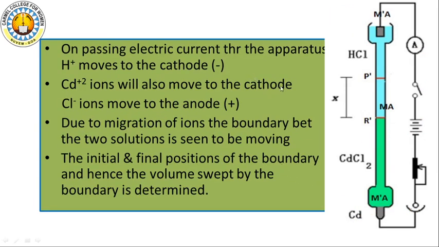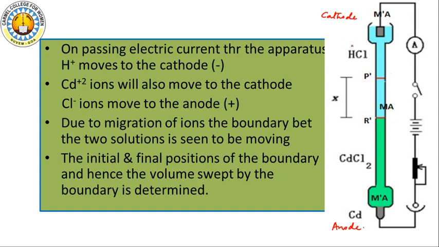On passing electric current through the apparatus, H plus ions move to the cathode. Again, let me mark them. We have the cathode here, which is our platinum electrode. We have our anode here, cadmium anode, dipped in the cadmium chloride solution. So when electric current is passed through the apparatus, H plus ions move towards the cathode.